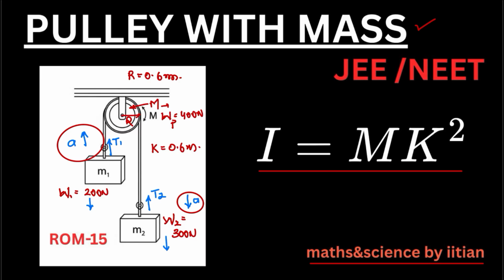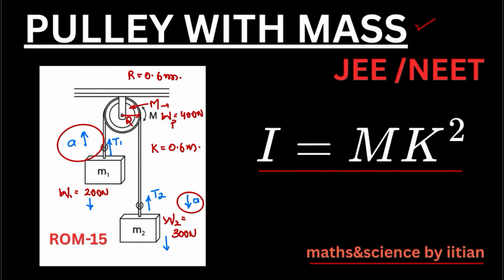Except for the direction, it is not going to make any difference in the calculations. If you take a direction for W2 upwards and W1 downwards, then you will get a negative or positive value, and on that basis we will correct the direction of a.